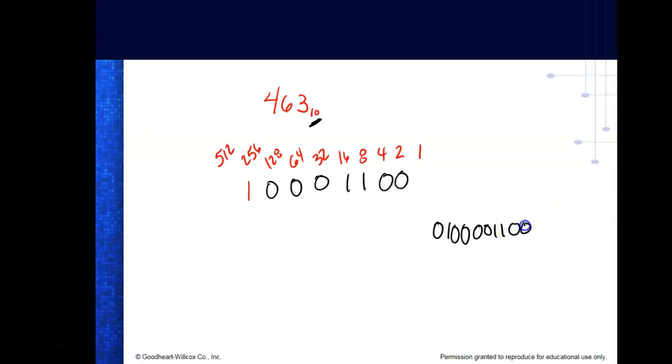Well, if I go 1, 2, 4, 8, 16, 32, 64, 128, 256, 512, I know it's not right because you're saying I have a 512 when there's no way in the world I can get 512 into that.